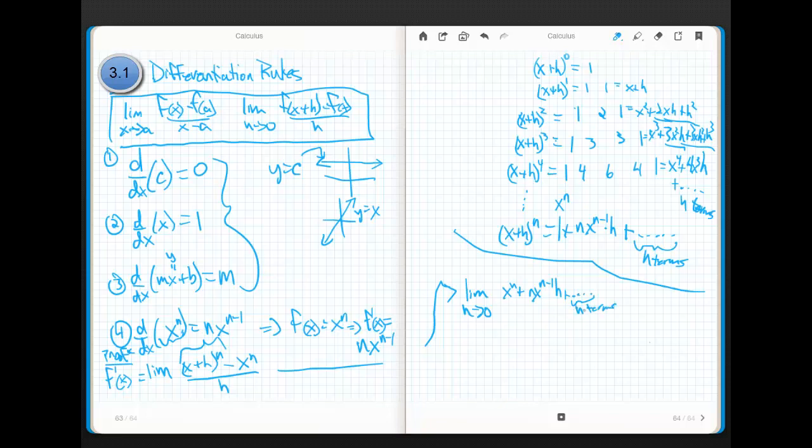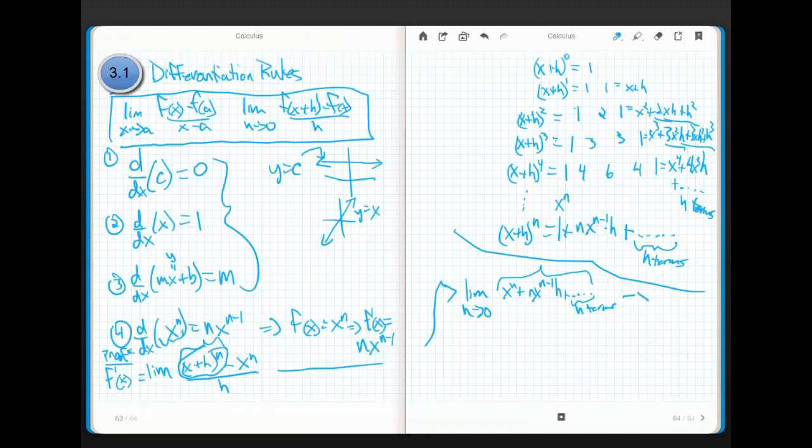All right? Now, one thing I do want you to notice is that all of these h terms really have a degree that's higher than 1. It's bigger than 1 because of the way that a binomial expansion works. So this is what this is right here.